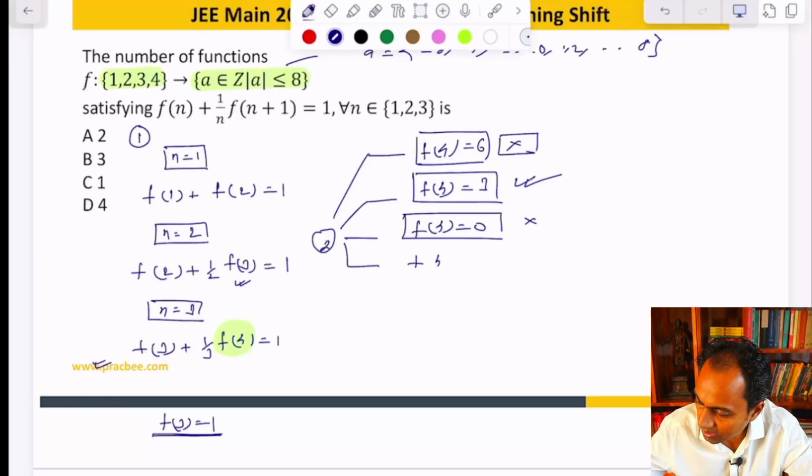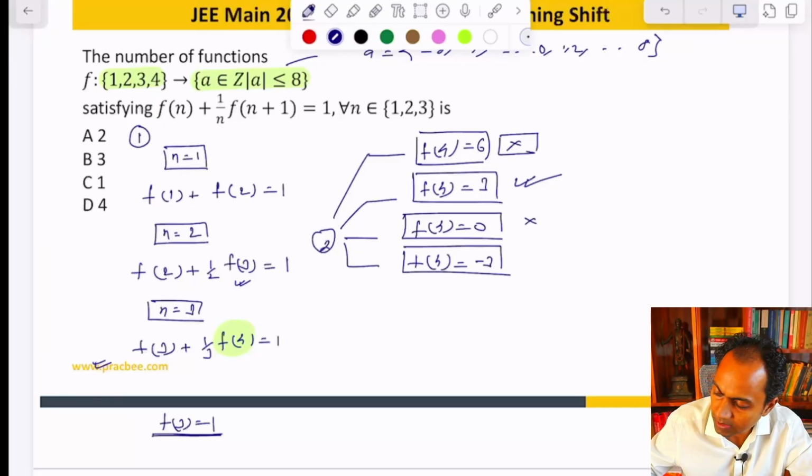Next I will check f of 4 equal to minus 3. If I consider the value as minus 3, in this case f of 3 will come out to be 2, and if f of 3 is 2, then f of 2, if I put it in this equation, will become 0.